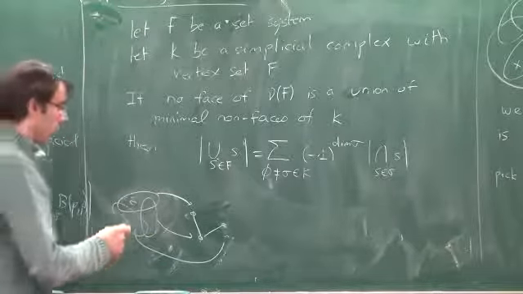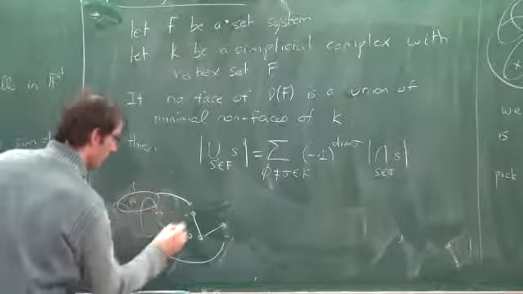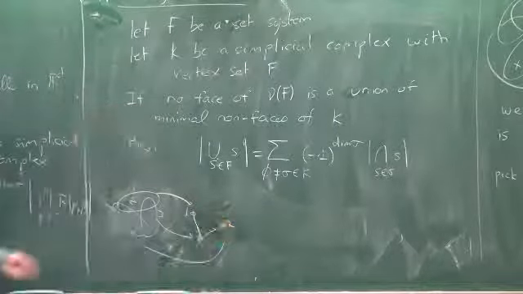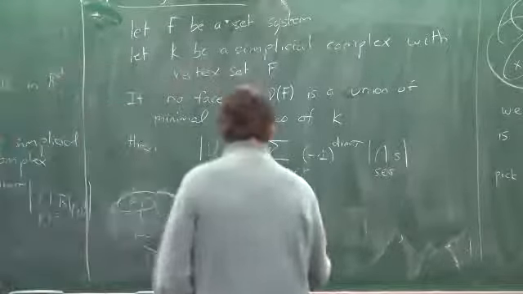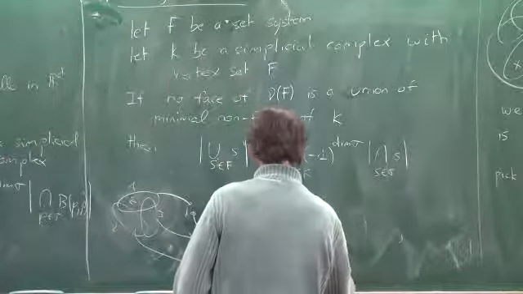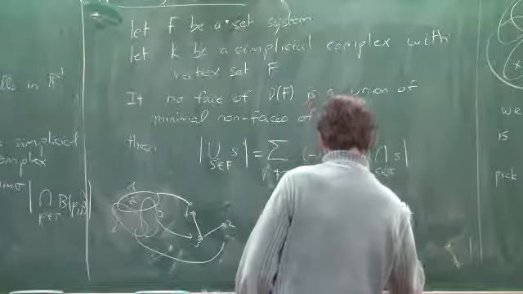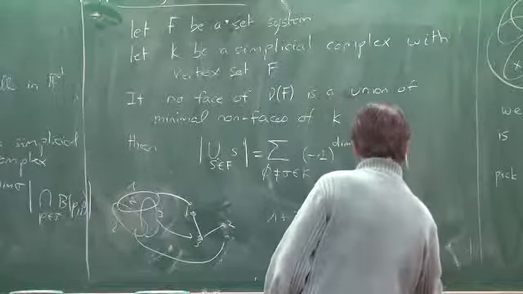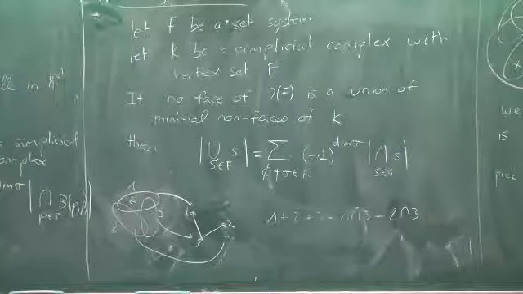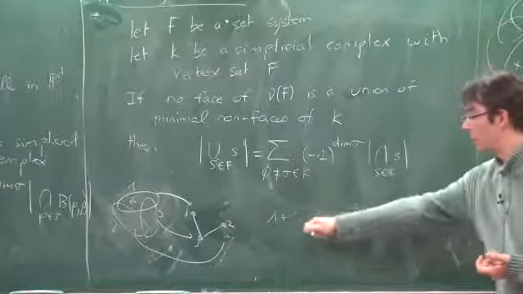So if this is 1, this is 2, this is 3, I'm looking at vertex 1, vertex 3, vertex 2. And this will define for me the formula 1 plus 2 plus 3 minus the intersection of 1 and 3 minus the intersection of 2 and 3, and that's all. Okay, so this simplicial complex defines this formula.